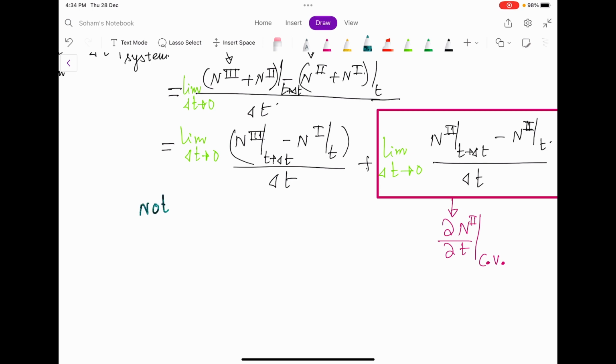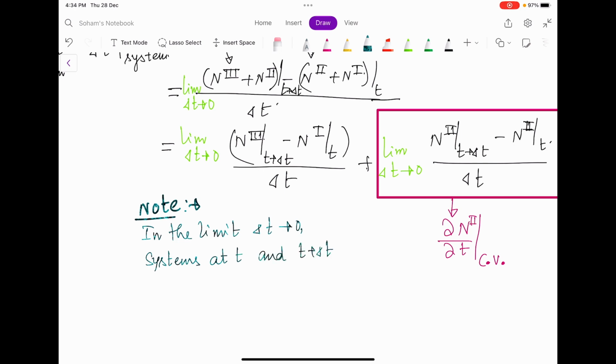So note that in the limit delta t tends to 0, the systems at t and t plus delta t coincide with the CV.